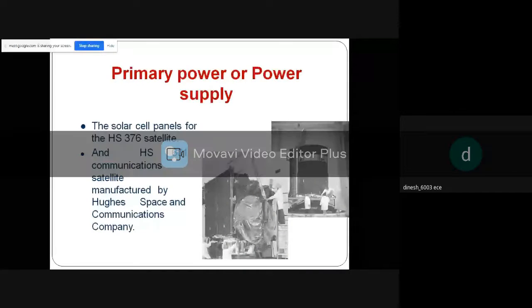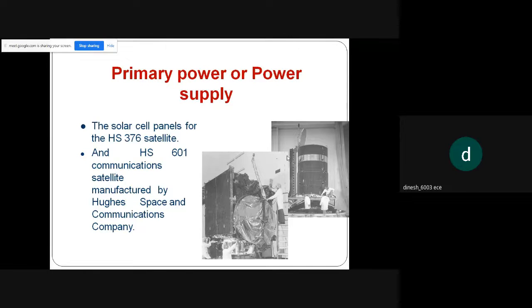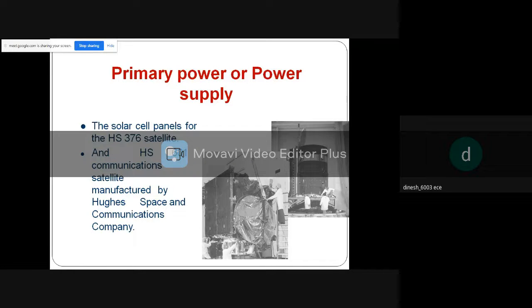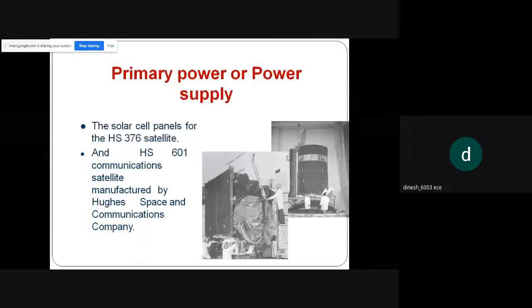So this is a diagrammatic illustration of how the real solar panel is sent to space along with the rockets and connected to your satellite system. You can see the panels which are meant for supplying power to the satellite.